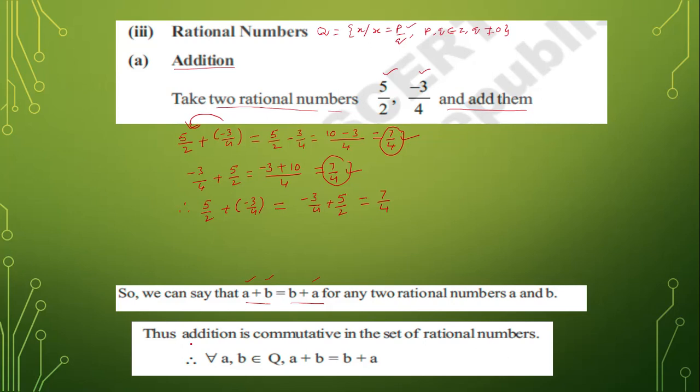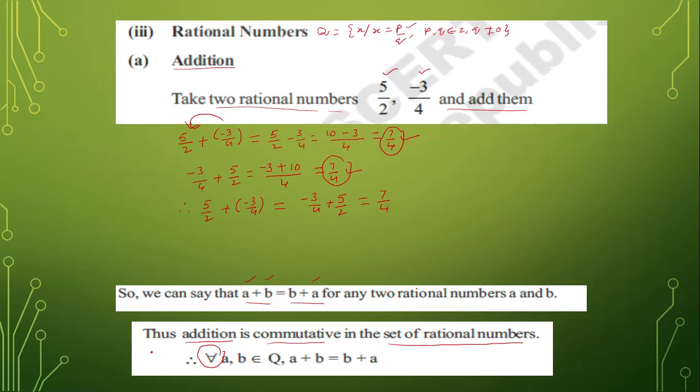Thus addition is commutative in the set of rational numbers. This symbol is called for all.